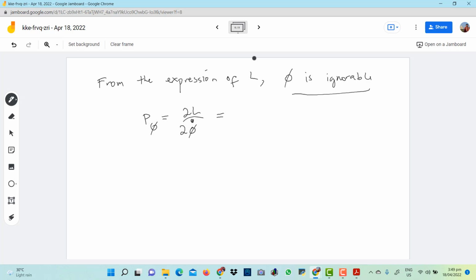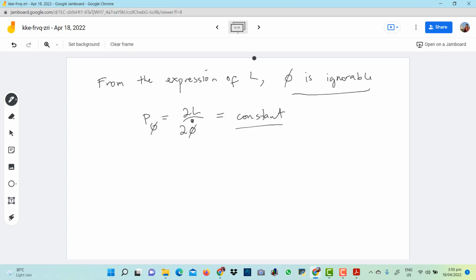Again, if L is not a function of phi, it means that the momentum in terms of phi must be a constant. Sakto? Basta ignorable imong phi, dili function imong L with respect to phi, then p phi, the momentum phi, is a constant momentum. So constant lang momentum along phi.